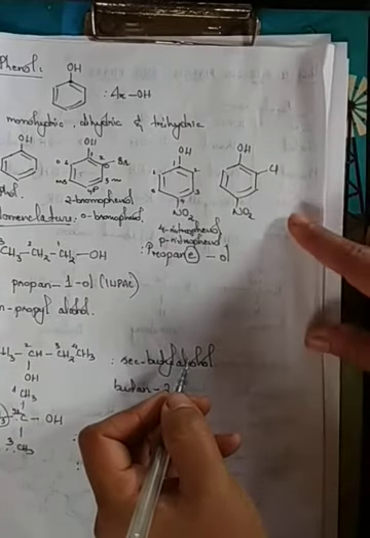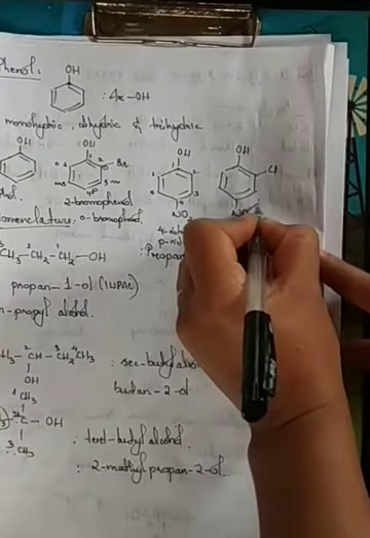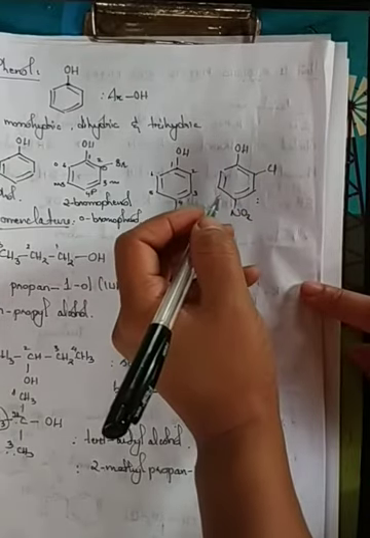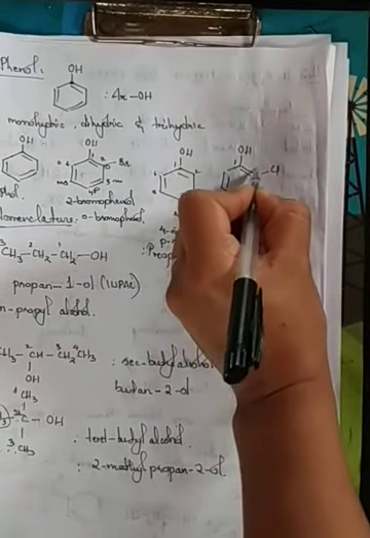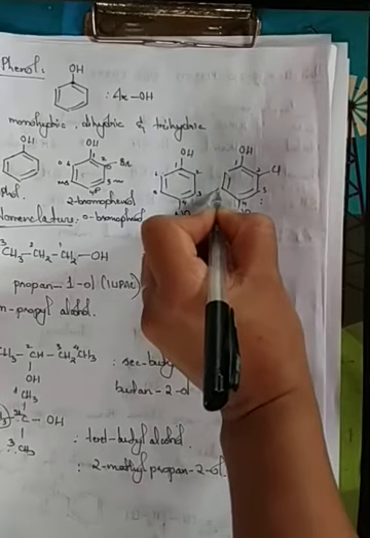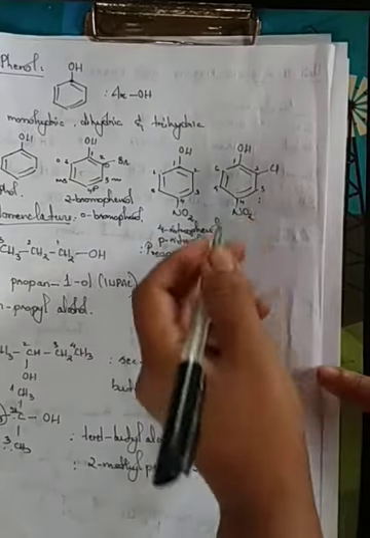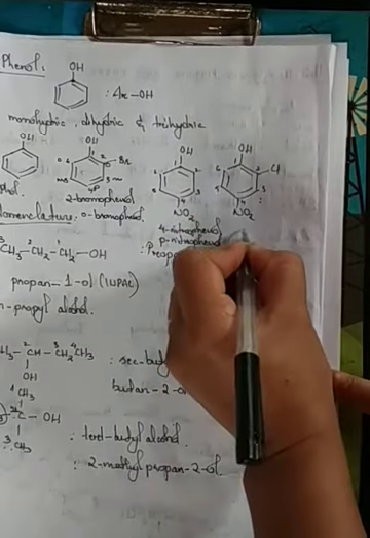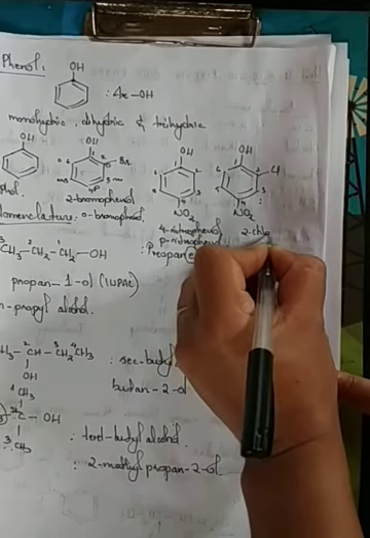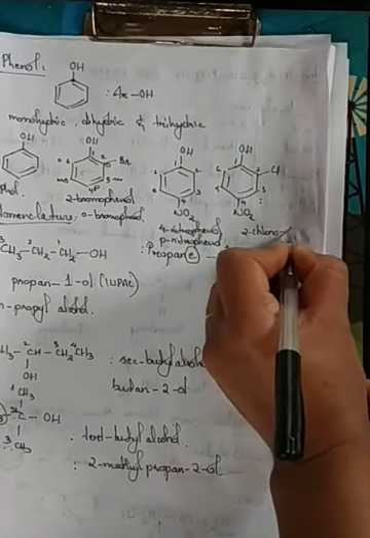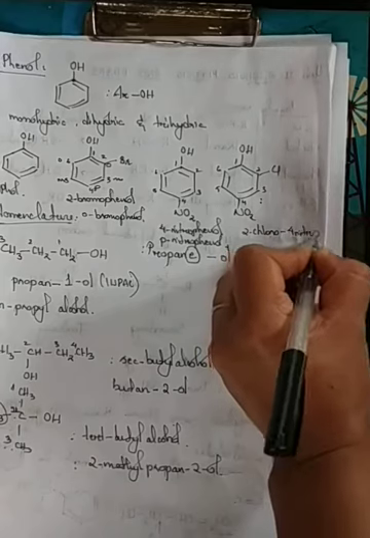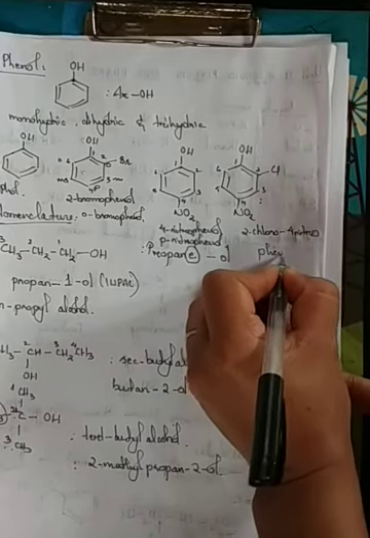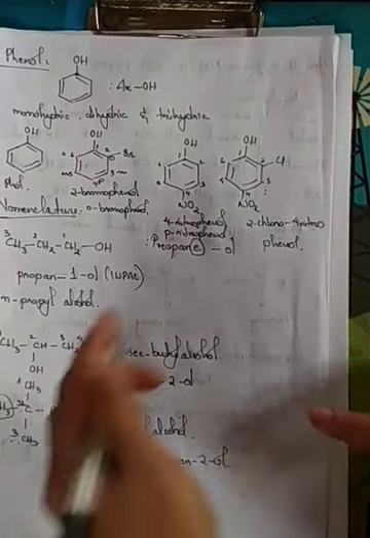Now, if we check the name of this, we'll number 1, 2, 3, 4, 5, and 6. The name here is 2-chloro-4-nitrophenol.